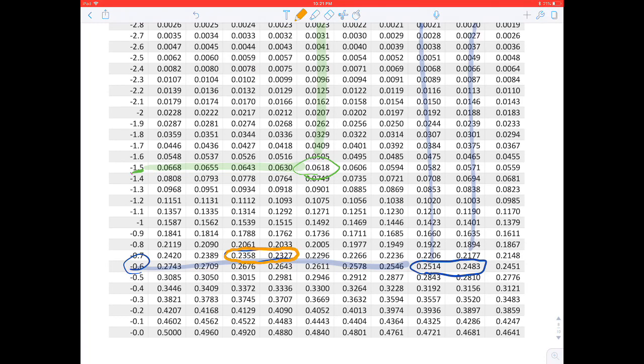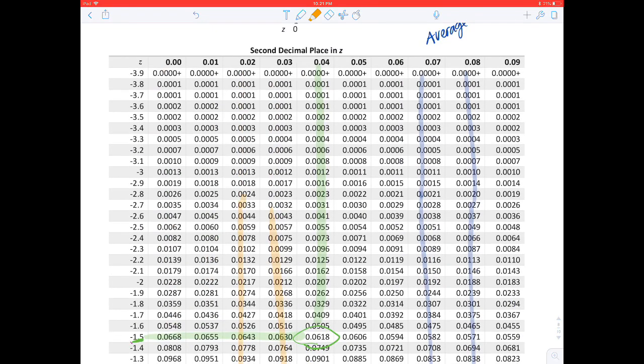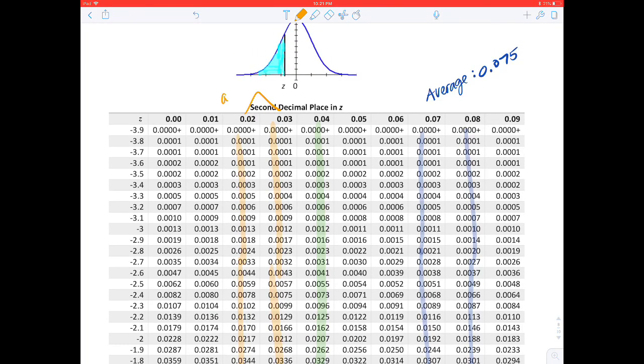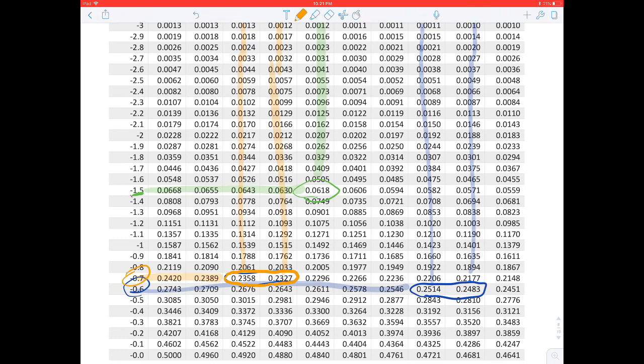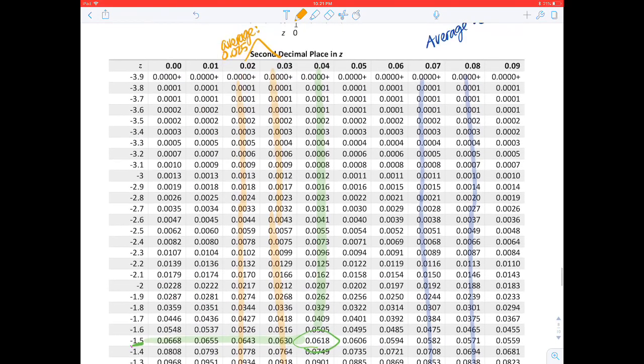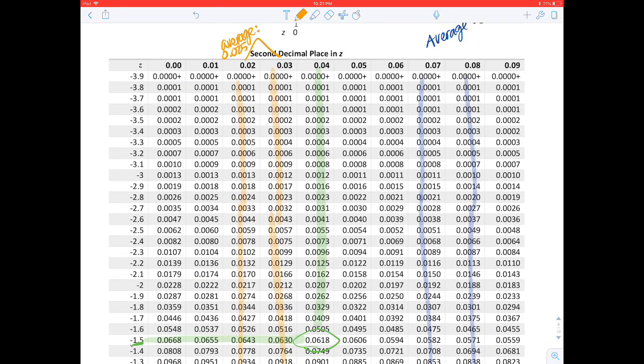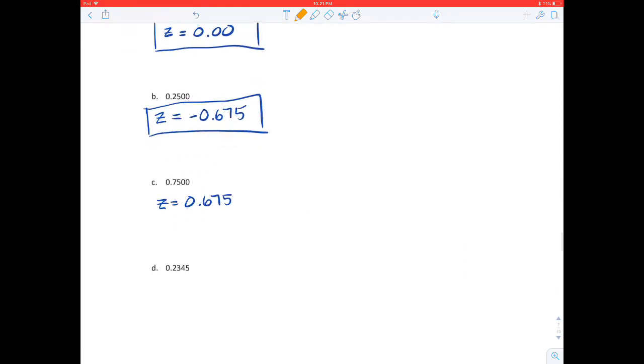So in between these two values, it's at 0.7, and then we average these two z-scores, and the average between those two would be 0.025, and then the score that was over here was negative 0.7, so we'll get negative 0.725.